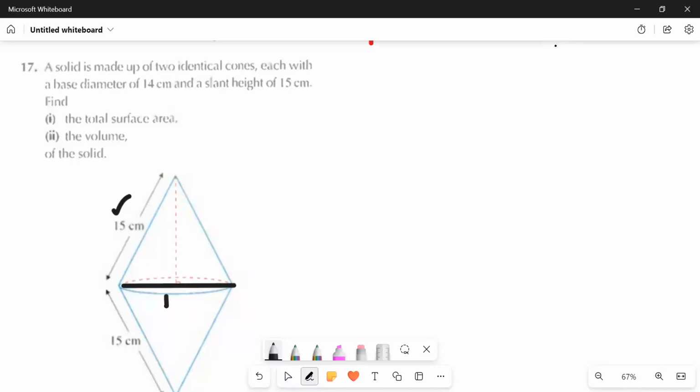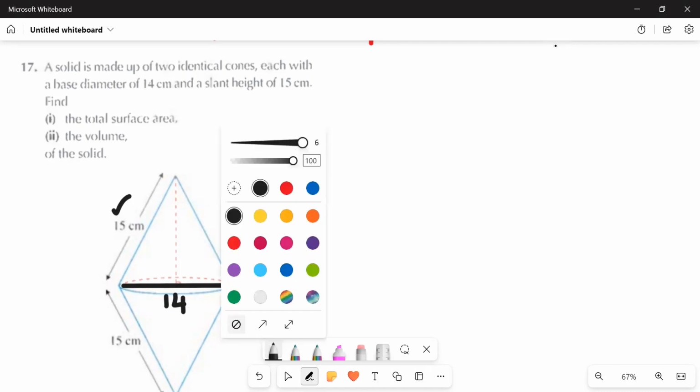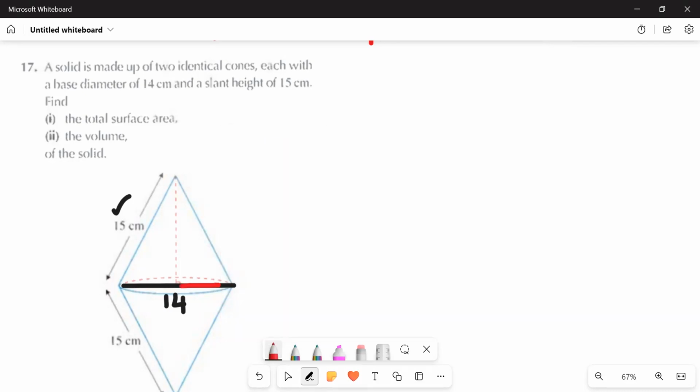We need a radius. So according to the diameter, the radius of the cone is half, that is 7. The first is total surface area. Then the second is we have to find the volume.